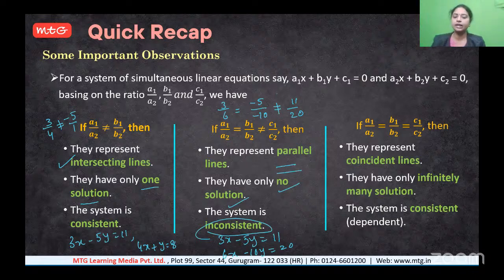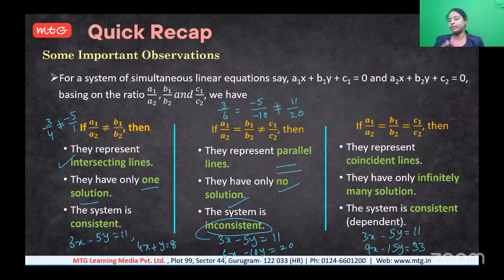Now we come to the third scenario, and the example for this is going to be like this: 3x minus 5y is equal to 11 and 9x minus 15y is equal to 33. Now these equations are formed like this. Let's see how the x coefficient, y coefficient and constant ratios are formed. 3 by 9 is the x coefficient ratio, minus 5 by minus 15 is the y coefficient ratio, and the constant ratio is 11 by 33.